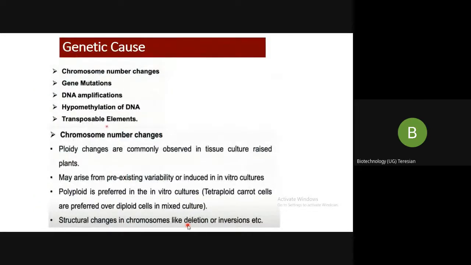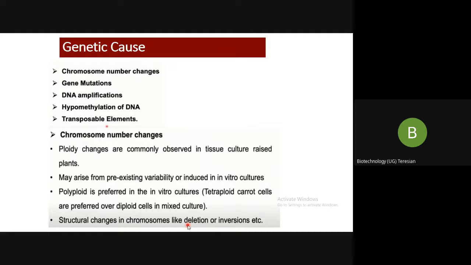So we can see various genetic causes. It can be a chromosomal number change, gene mutation, DNA amplification, hypermethylation of DNA, transposable elements. These all can lead to somaclonal variation.